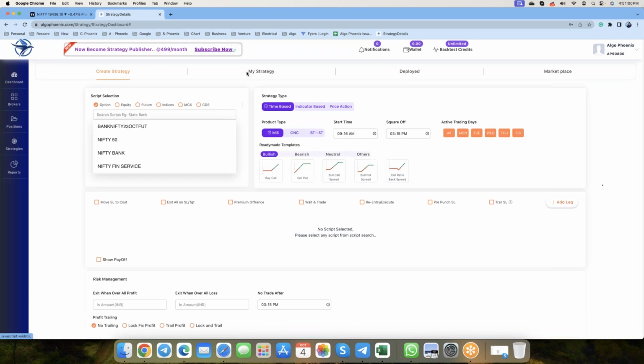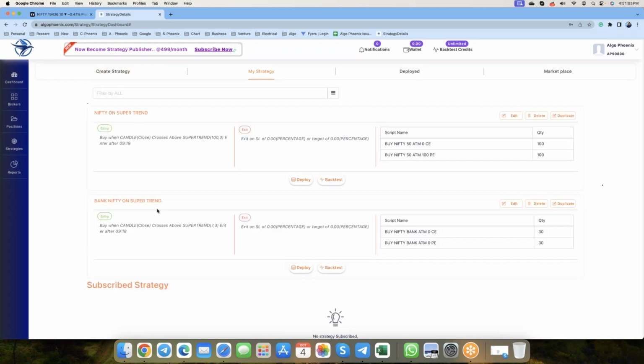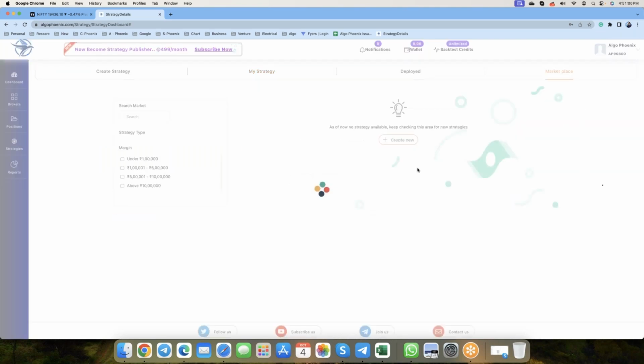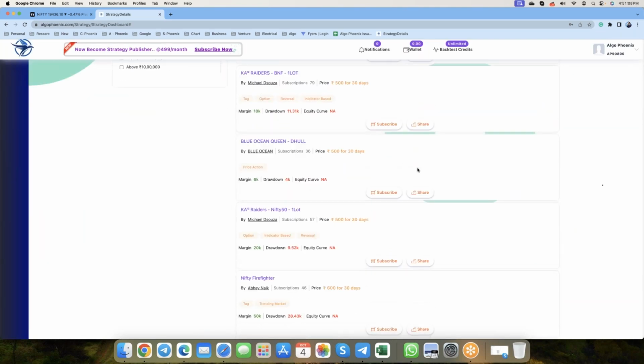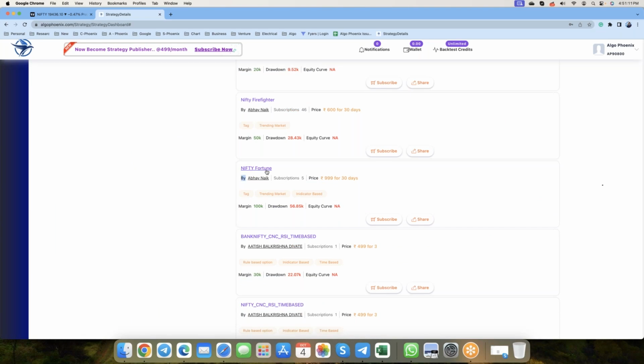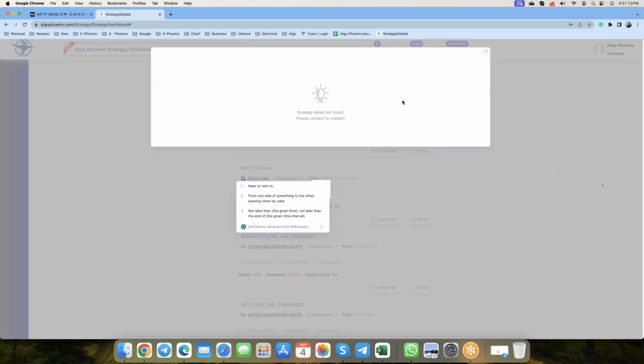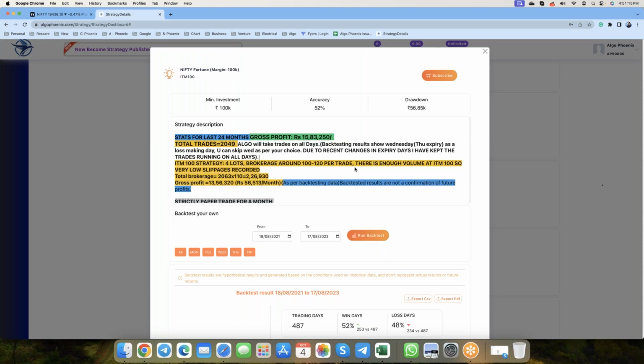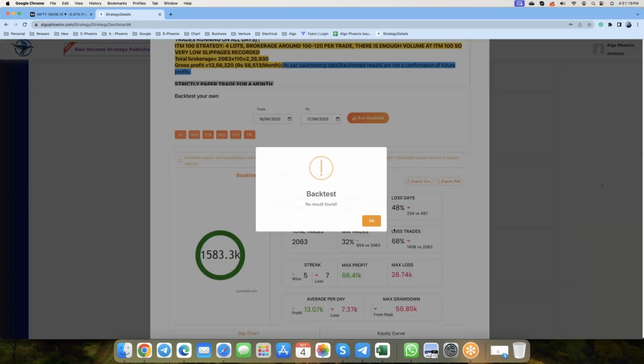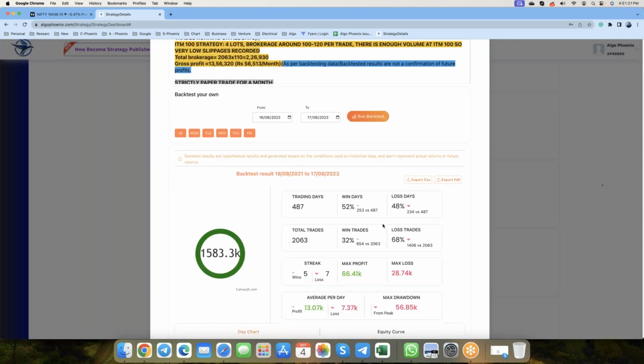Now, if I don't want to do all those combinations and waste my time, and want a ready-made solution, what you have to do is go to the marketplace and click on whatever strategy you like. The strategy will have detailed information in it. You backtest the strategy and see what results come.